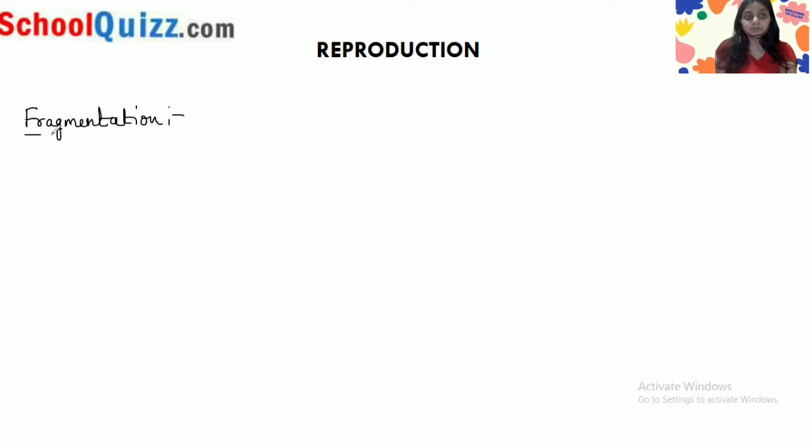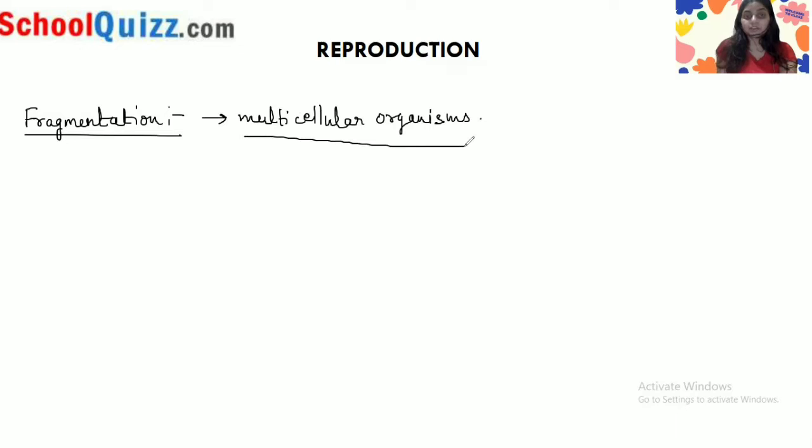It happens in multicellular organisms. It means those organisms which have more than one cell. So this is called multicellular organisms. Fragmentation occurs in multicellular organisms. Okay, and now what is fragmentation?